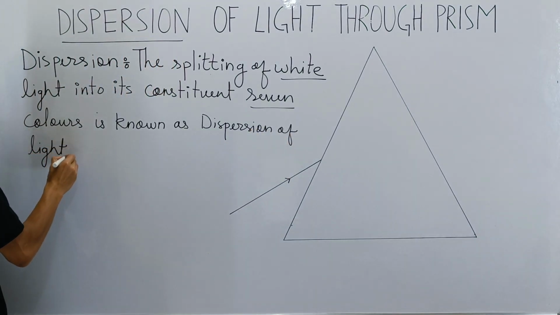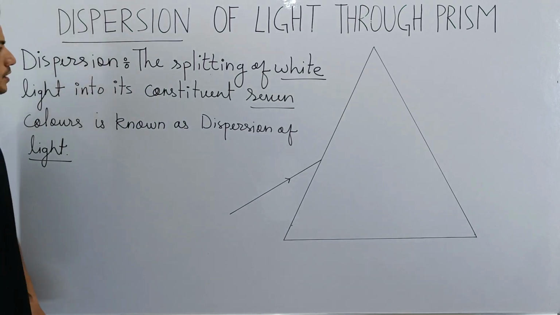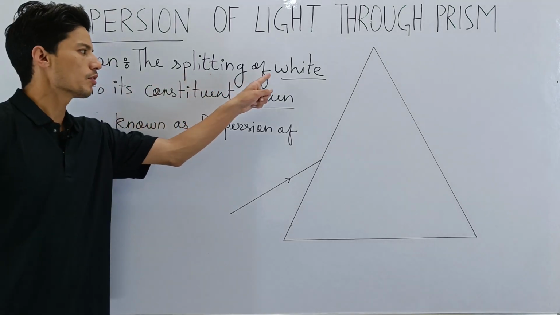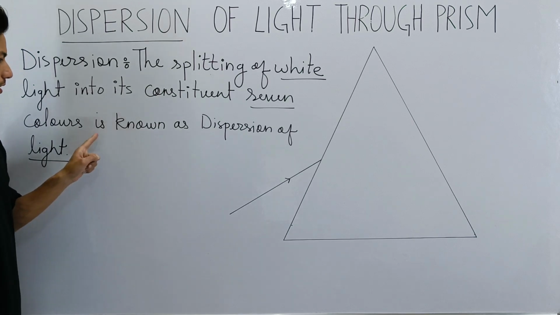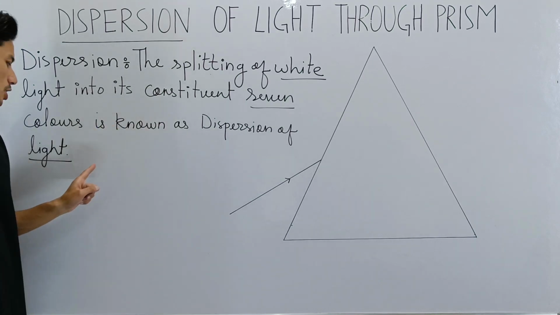So what is dispersion, or what is dispersion of light? Dispersion of light is the splitting of white light into its constituent 7 colors. Okay, this is known as dispersion of light.